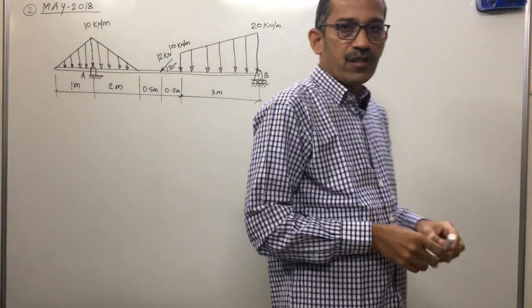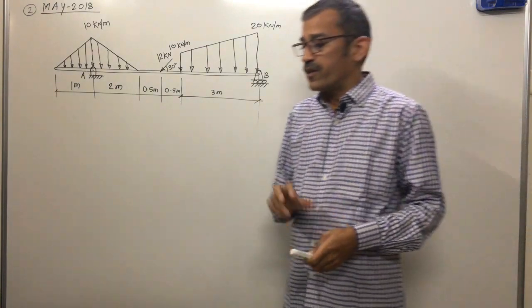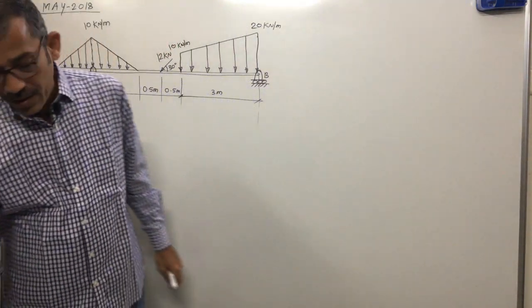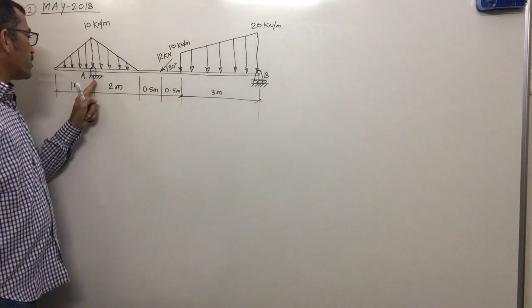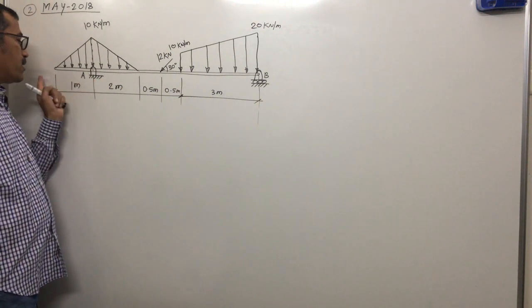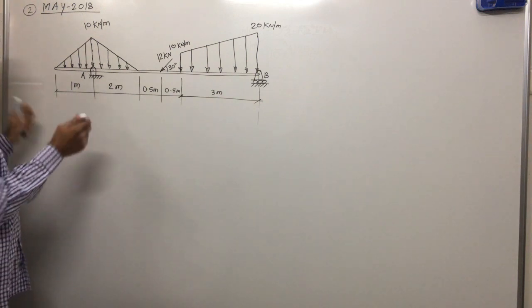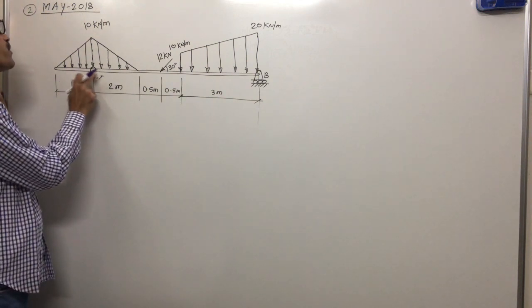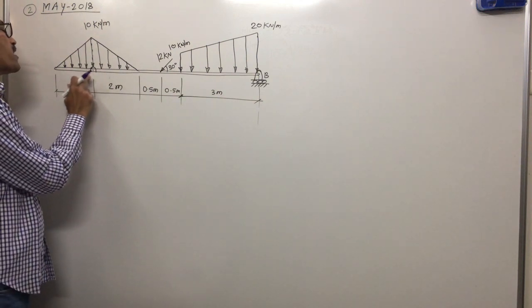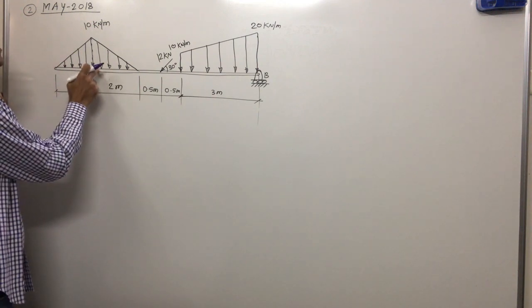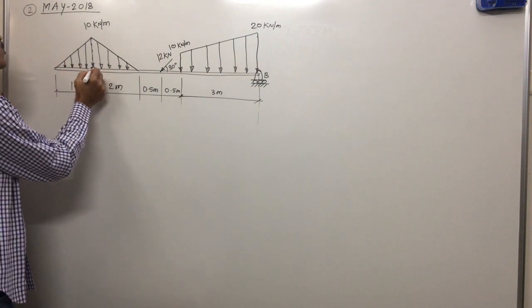Whenever any support is given, we will represent the support reactions. Support at A, which is not at the left end but 1 meter from the left end, is a hinge. What will we do? We will represent the reactions for the hinge. How many reactions do we get for a hinge? 2 reactions.